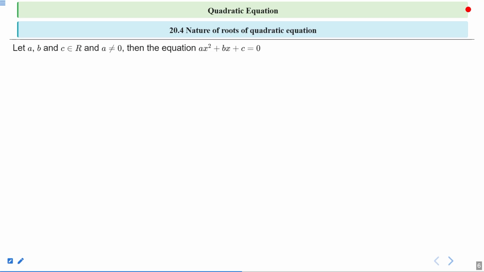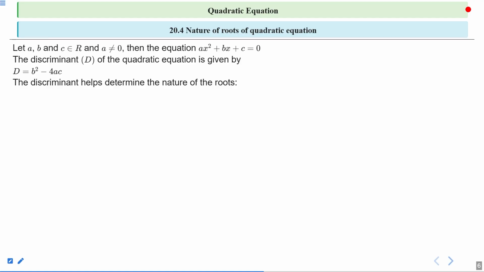Next one is nature of roots of the quadratic equation. Let a, b and c be real numbers and a is not equal to 0. Then we consider the equation ax² + bx + c = 0. The discriminant D of the quadratic equation is given by D = b² - 4ac. The discriminant helps determine the nature of the roots.